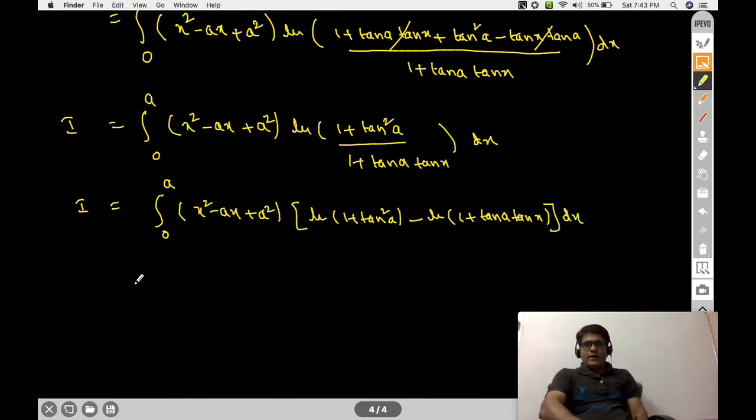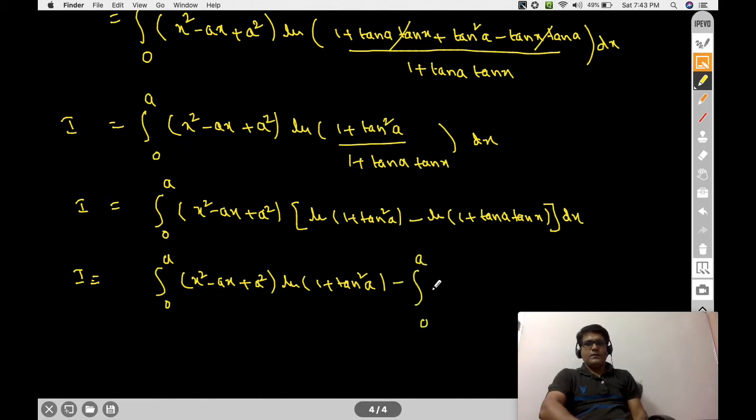Now if you open this bracket, I is equal to integration of 0 to a x square minus ax plus a square into ln of 1 plus tan square a, minus integration of 0 to a x square minus ax plus a square times ln of 1 plus tan a tan x, here dx, here also dx.